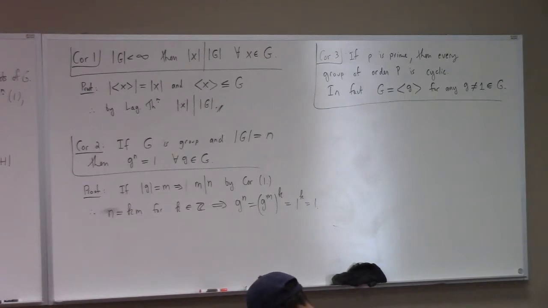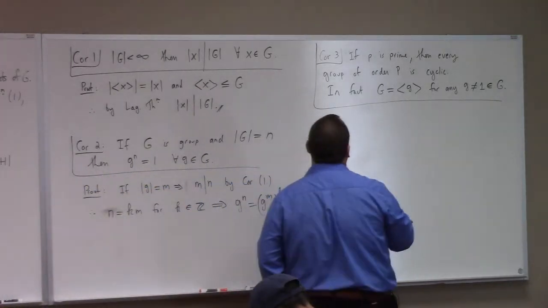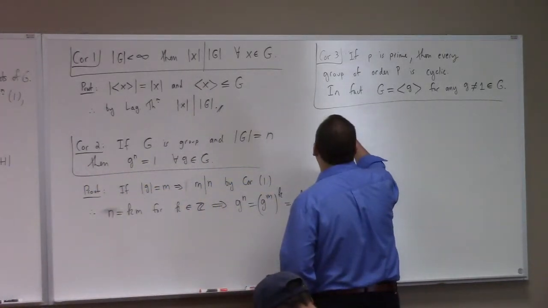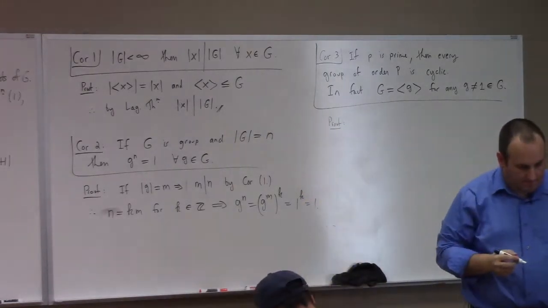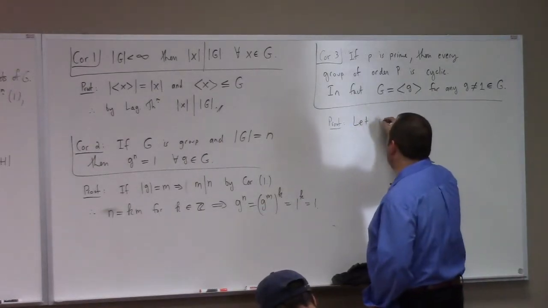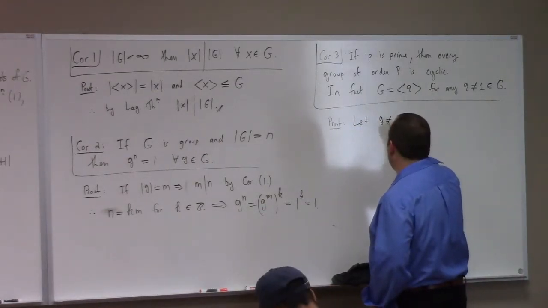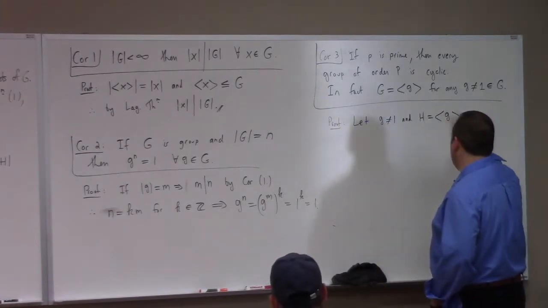Yeah. Well, the subgroup has to have an order of 1 or p, because everything in the group will be relatively prime to the order. Okay, so let's go with that. Let's say that g is not equal to 1 and H is equal to the subgroup generated by g.